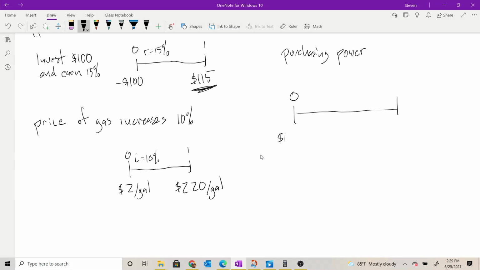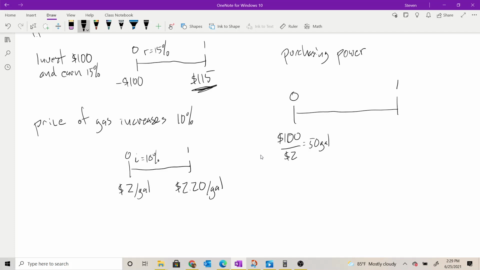If we take that $100 and divide it by $2 per gallon, we find that we could have bought 50 gallons of gas with that $100 when we made the investment.